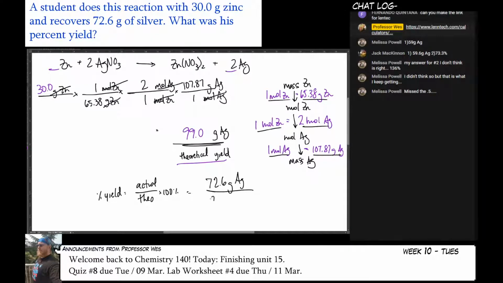In theory, he should have got 99 grams of silver times 100%. These units cancel. And I get 73.3% yield.